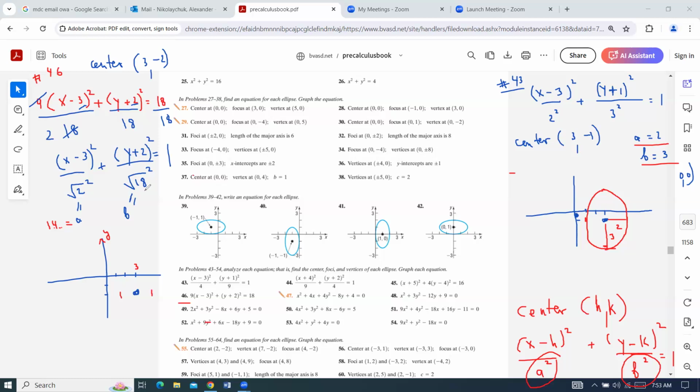So if I take the square root of number 9, it's 3. And that tells me that probably we're a little bit higher than the x-axis, somehow like that. And then I'm going to connect this with an ellipse-like curve.